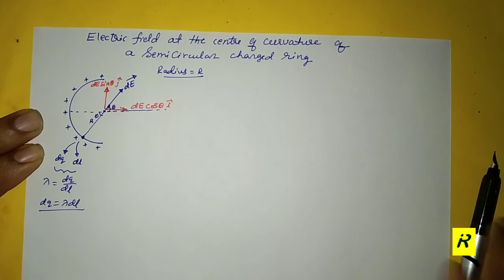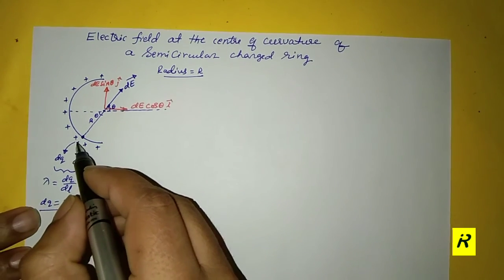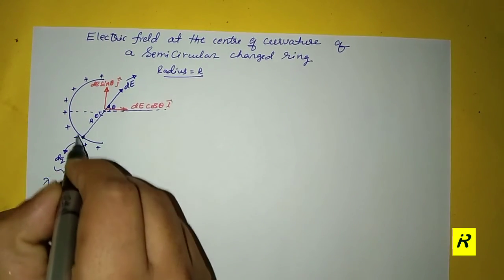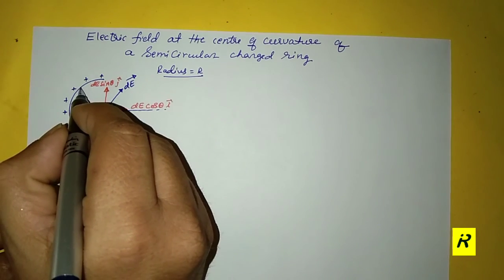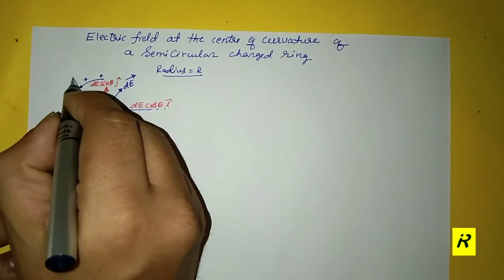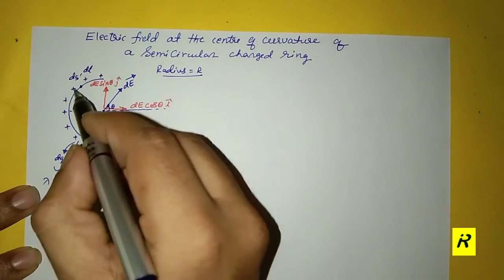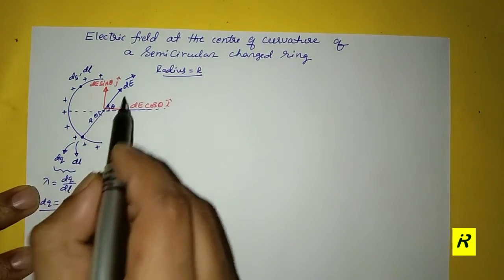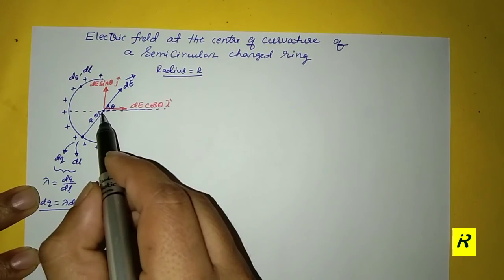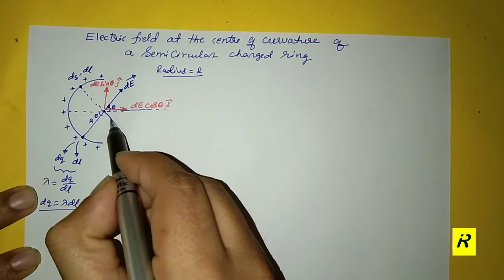Meantime, if I say I am choosing one more such charged element exactly opposite to this, say which is here, okay, somewhere here, this is also dq and length dl, then one more dE will come here at this point O, like this, right, at this point.